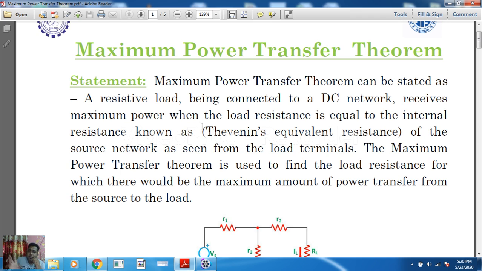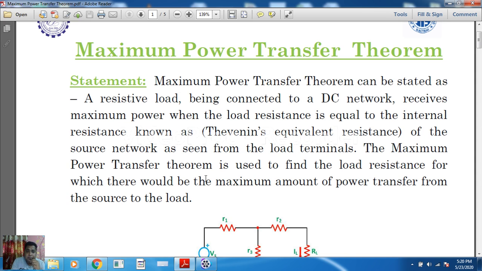For simplicity, as per your syllabus, we are discussing here only the DC network, DC source. So again, a resistive load being connected to a DC network receives maximum power when the load resistance is equal to the internal resistance, known as the Thevenin's equivalent resistance of the source network as seen from the load terminal.